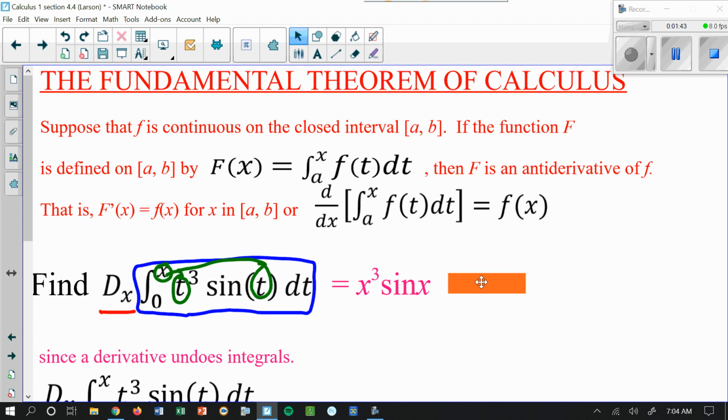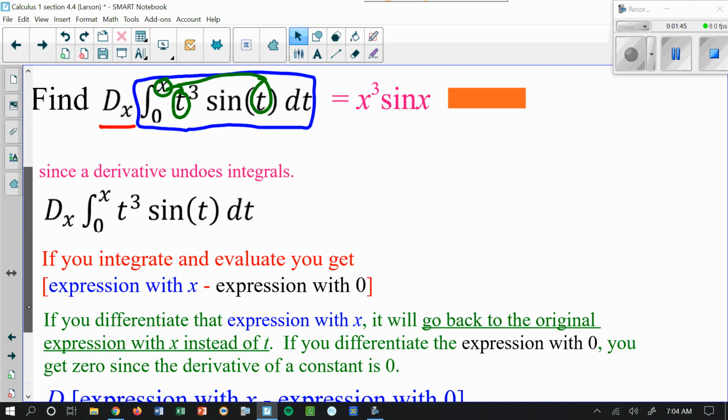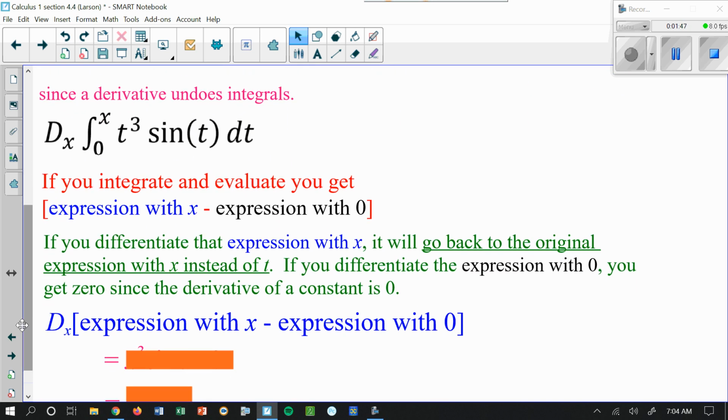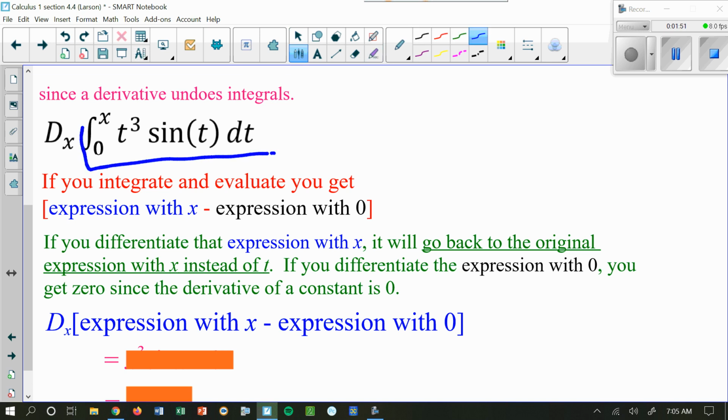But to help you understand this better, let's go ahead and take a look at this down here. If we were to just do this integration part, when you integrated that, you would get an expression with x in it minus an expression with 0, because remember, you have to integrate, and then you plug in your x minus what you get when you plug in 0.